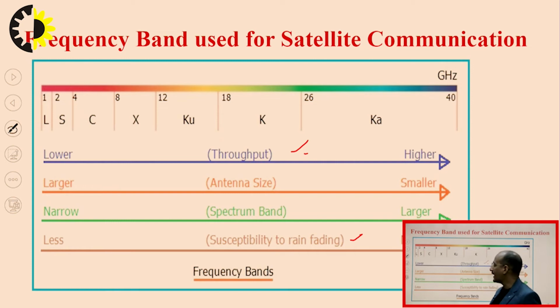From the domestic point of view, for the L, S and C bands, the throughput is low, whereas for the Ka, K and Ku bands, the throughput is high. Antenna size and spectrum bandwidth are already discussed, but susceptibility is also a major concern. Susceptibility is the ability of toleration by the system.